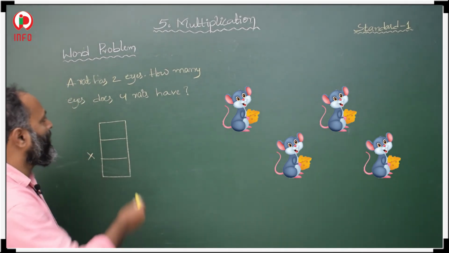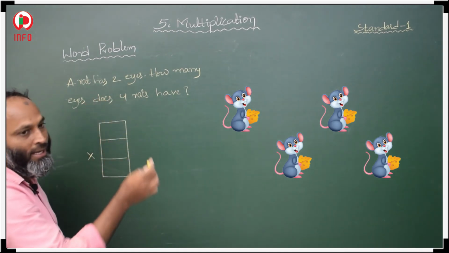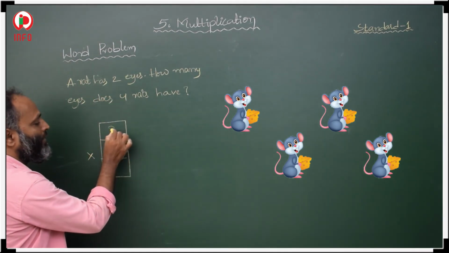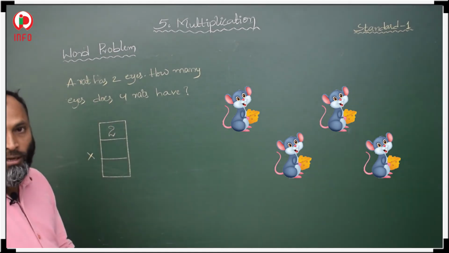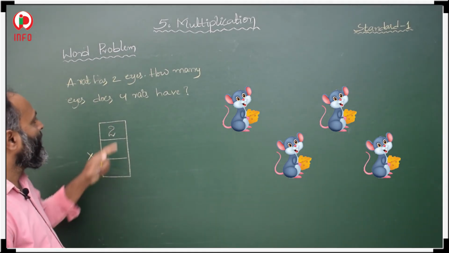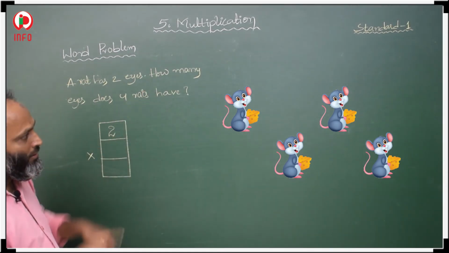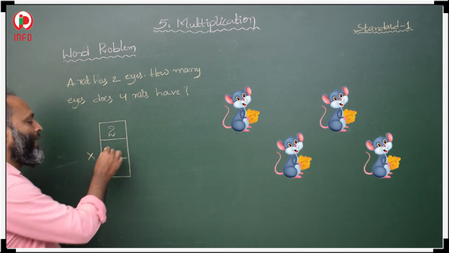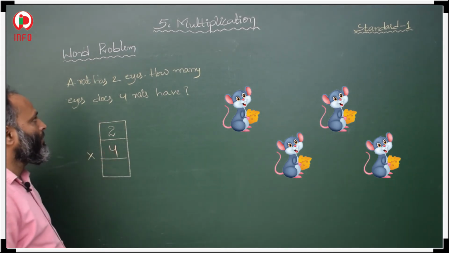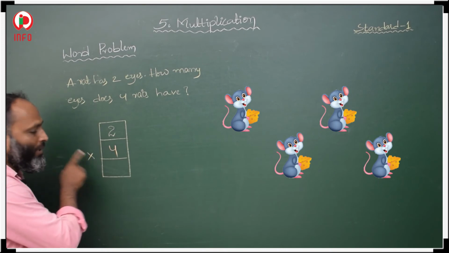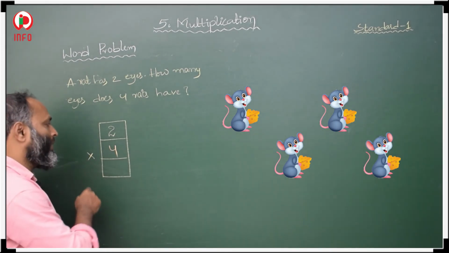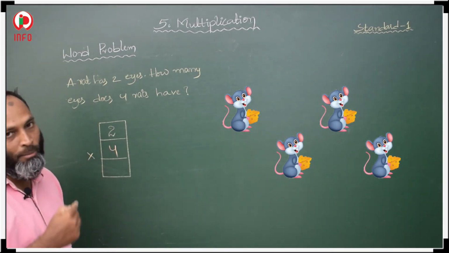Here, how many eyes does a rat have? 2. So we have to write that 2 here. Then how many rats are there? Count 1, 2, 3, 4. 4 rats are there. Then multiply. This is the multiplication sign. Why are we multiplying? Because this is repeated addition.